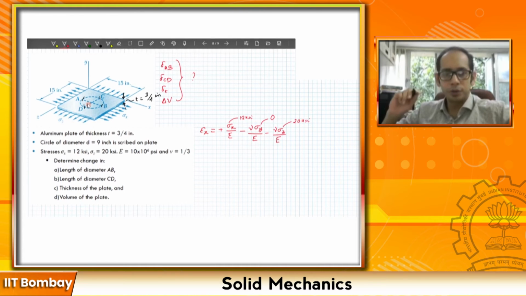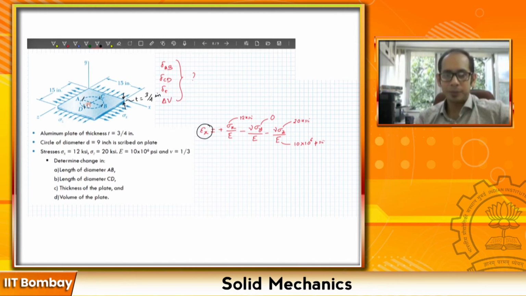And you also have the value of E, the modulus of elasticity, which is the same along all directions, direction independent, it just depends upon the material. It is 10 times 10 raised to 6 psi. So once you have these quantities, you can directly plug in the numbers and get the value of epsilon x.